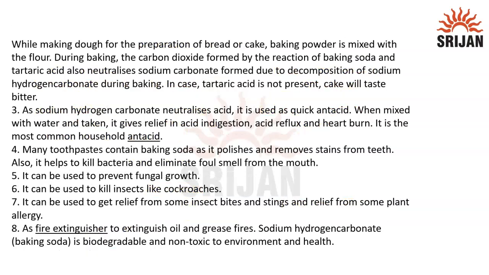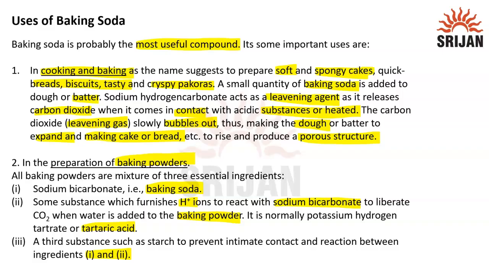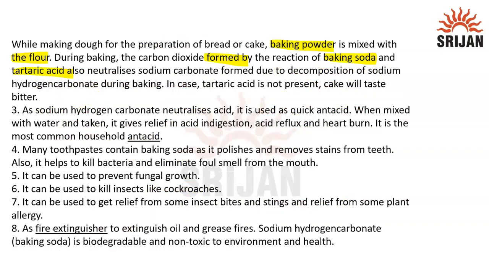While making dough for the preparation of bread, baking powder is mixed with the flour. Whatever the starting material is, we add baking powder to that. During baking, carbon dioxide is formed by the reaction of baking soda and tartaric acid. Basically, tartaric acid neutralizes the sodium carbonate formed due to the decomposition of sodium hydrogen carbonate during baking.